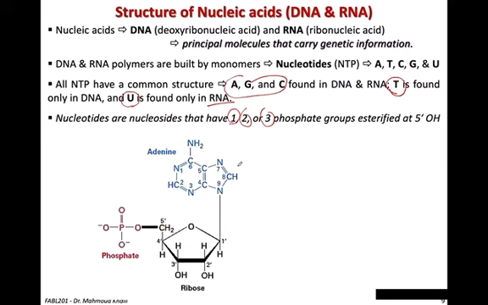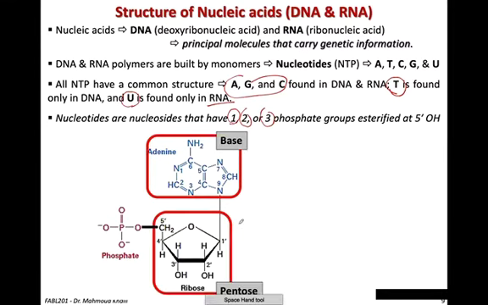So let's go into some details. You can see this is the structure of one nucleotide. It is composed of a base, which is either adenine, guanine, cytosine, uracil, or thymine. This base is bound to a ribose sugar, which is generally called a pentose sugar because it is a 5-carbon molecule.